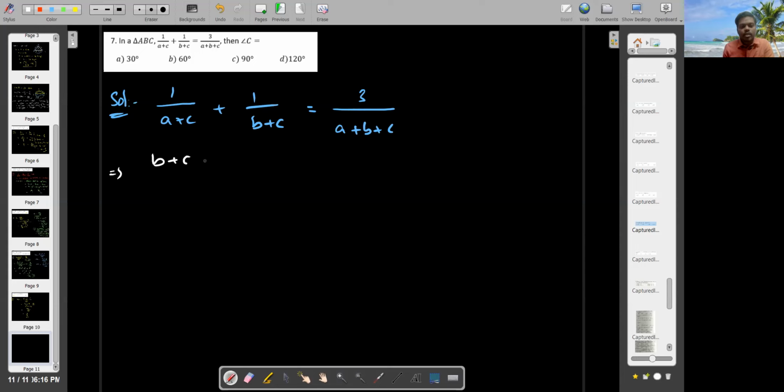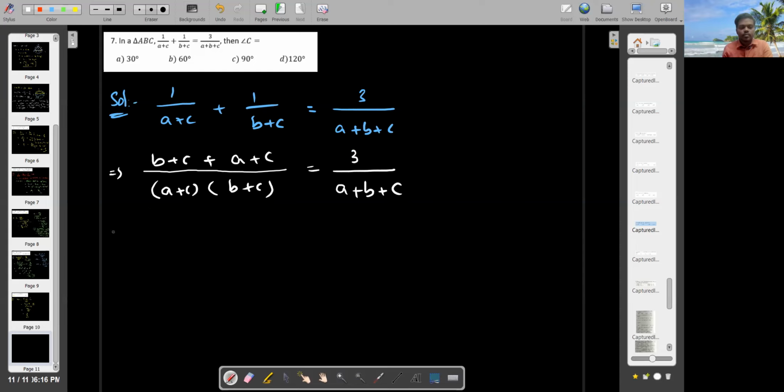Then we'll get b plus c plus a plus c by a plus c into b plus c equal to 3 by a plus b plus c. That implies a plus b plus 2c by, if you multiply, this is ab, next ac, next bc.